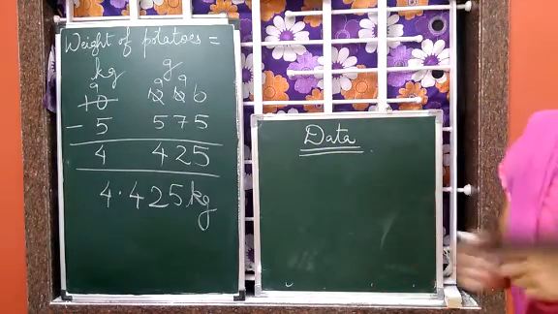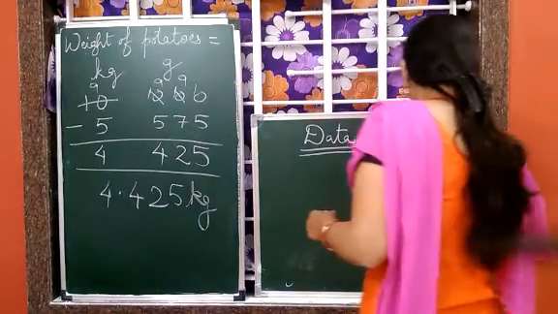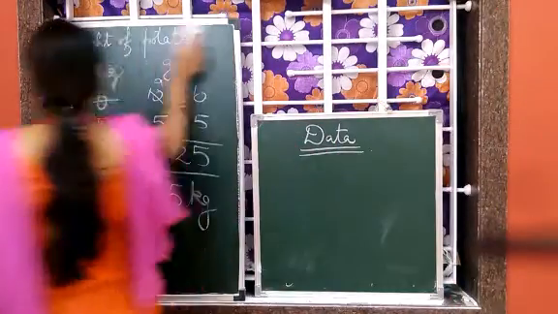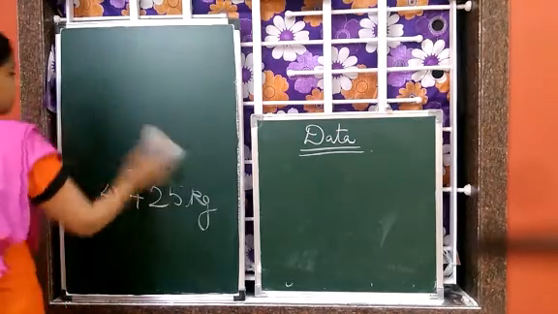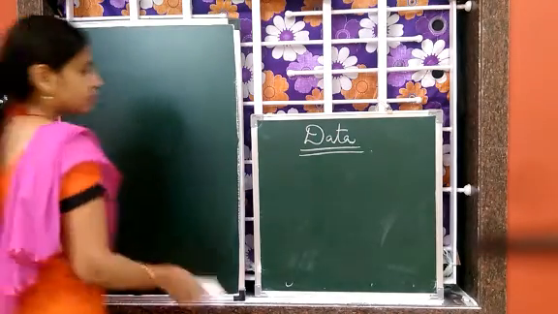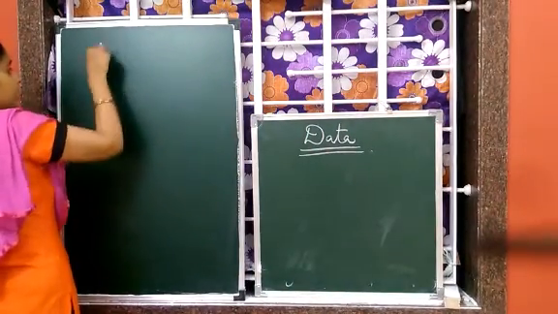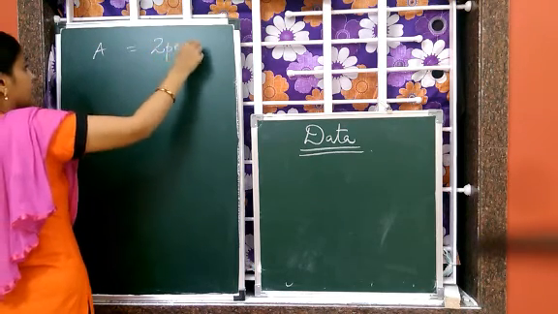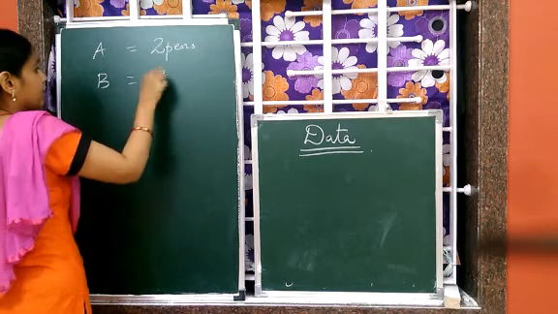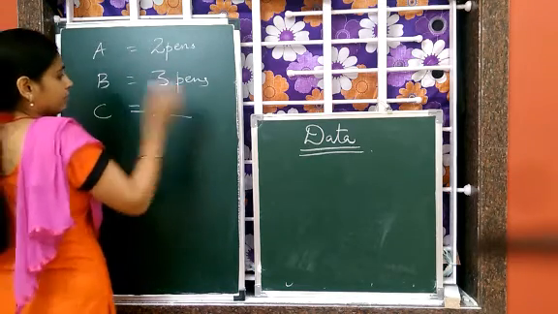We organize the data. Now when your teacher asks you to find out the number of pens each child in your class is having, how will you write? You will just write like this. A is having 2 pens, B is having 3 pens, C is having something like this.